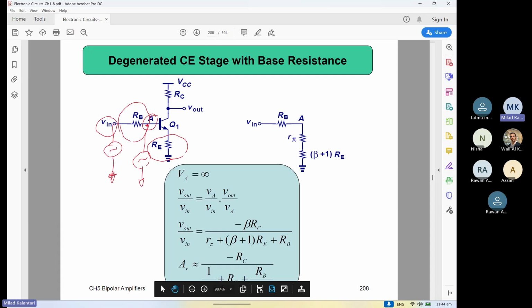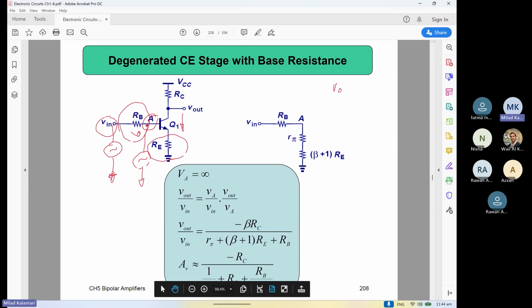There is, of course, some DC current to the base, but we are not showing it now. We want to find the VA, because if we find the VA, then we know how to calculate the gain.